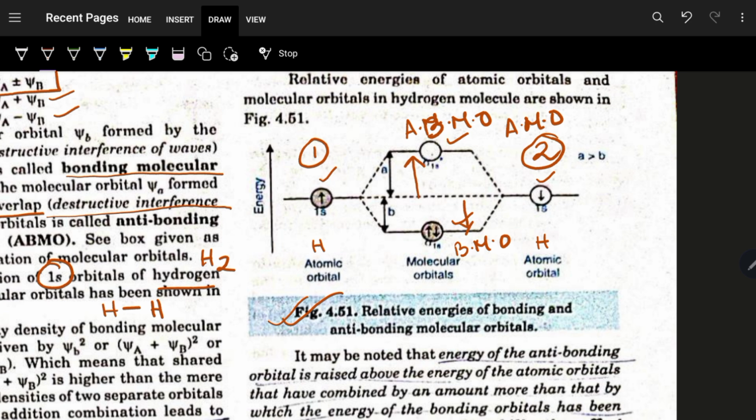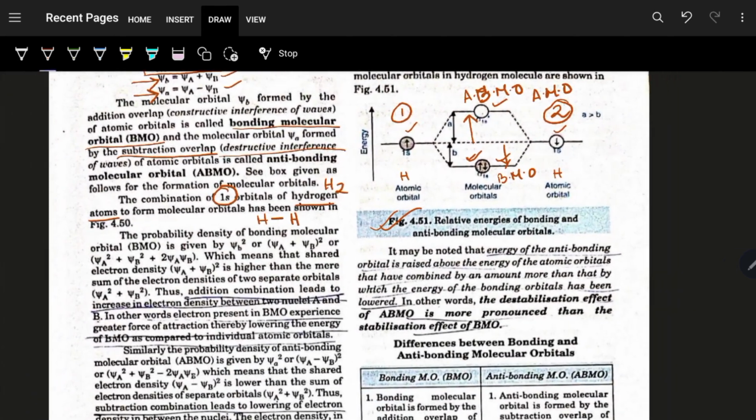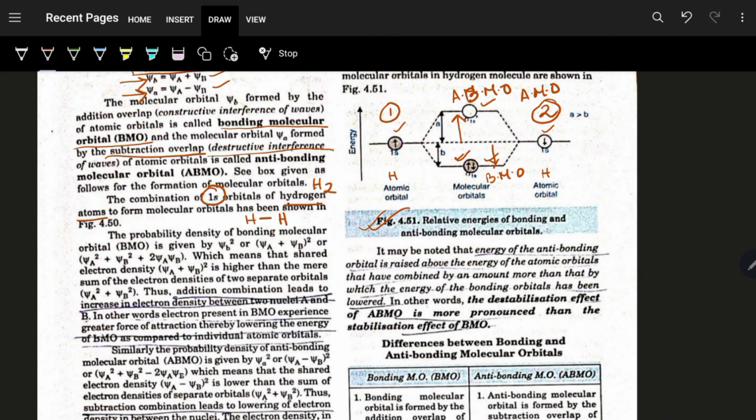And 2 electrons are there. Both the electrons are oriented in sigma 1s molecular orbital, and the anti-bonding is vacant because there are only 2 electrons present.